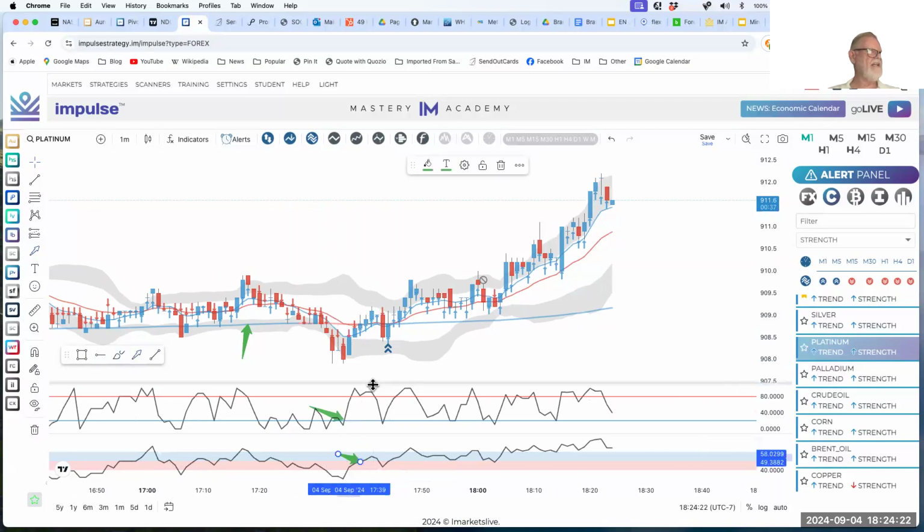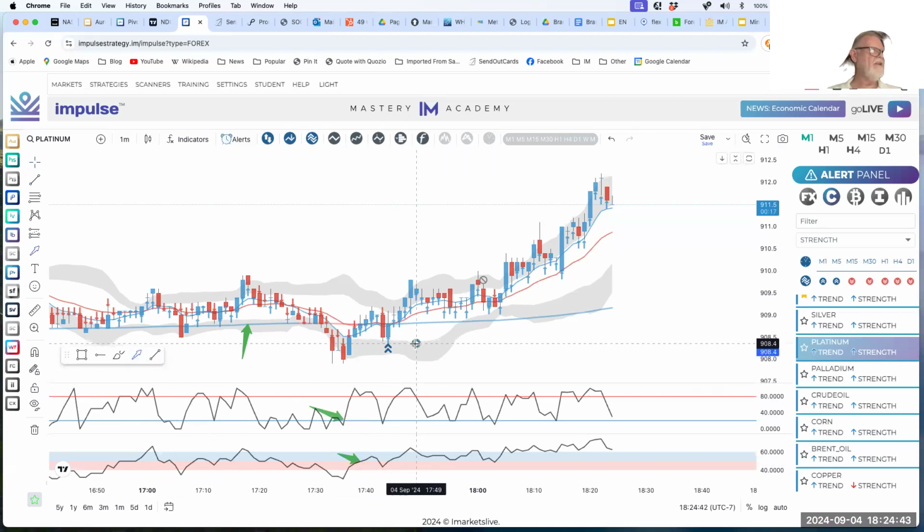Another sign: we've already got blue arrows here, but on the secondary trend lines, the blue is below the red. We want it to go above the red, and right about here you can see the blue crosses the red.